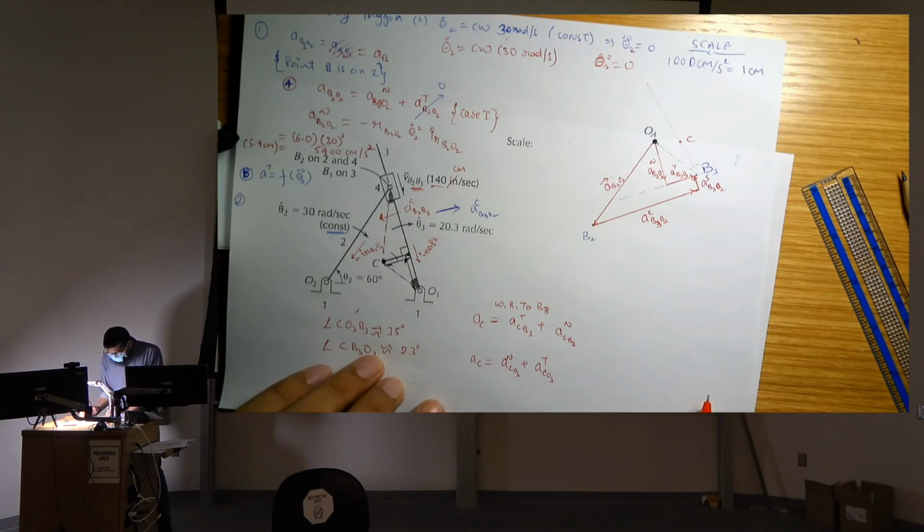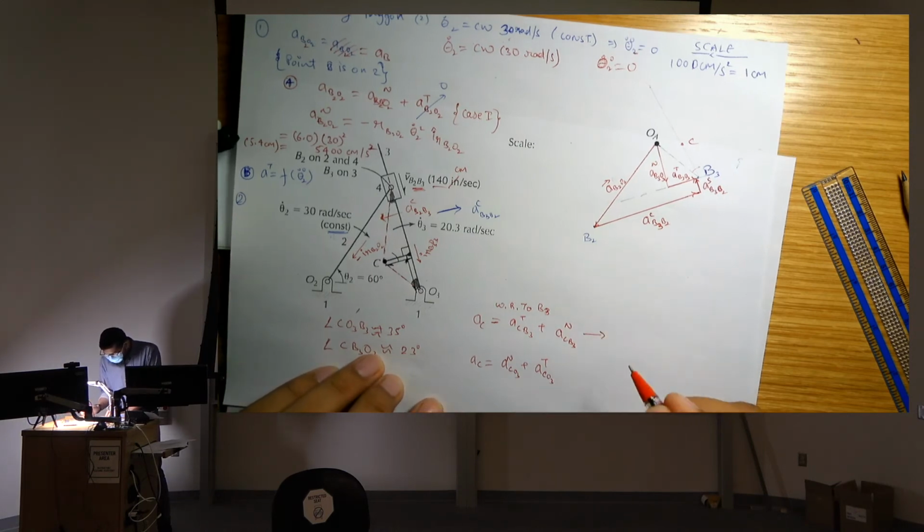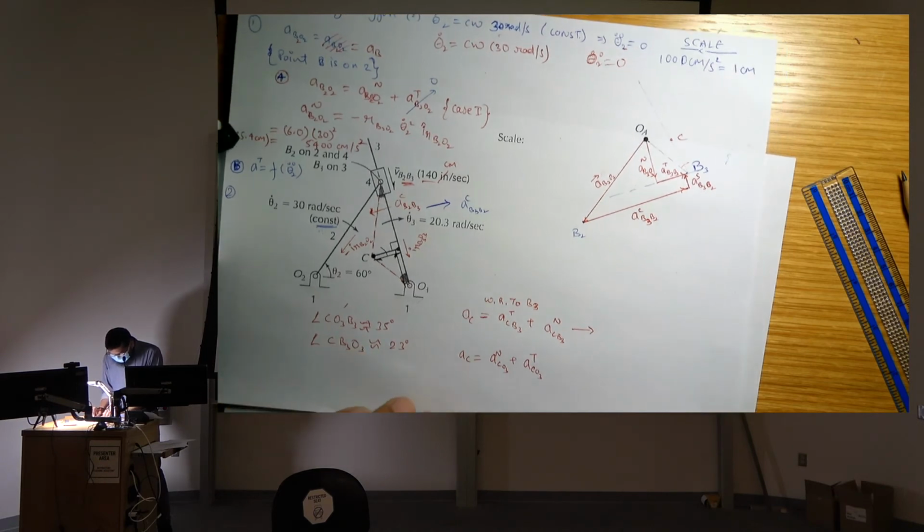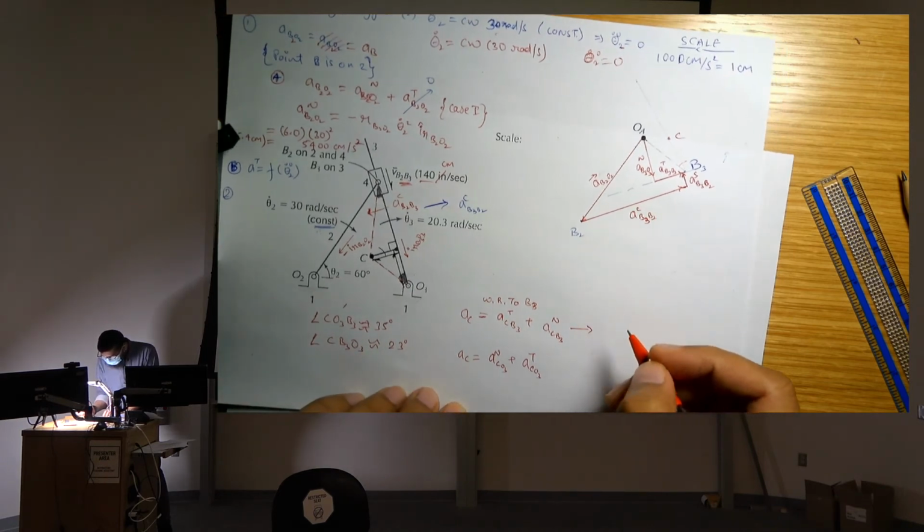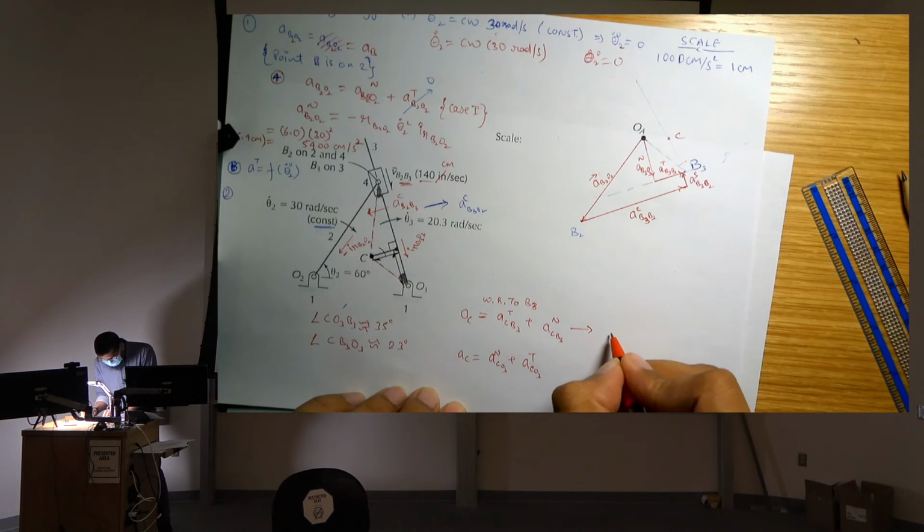Now let's focus on the normal components. What would be the normal component A_CB3 normal?